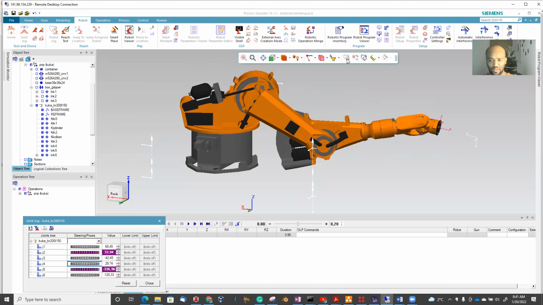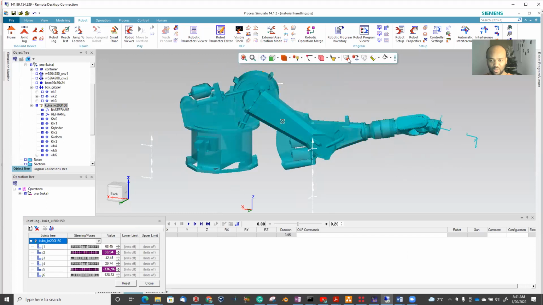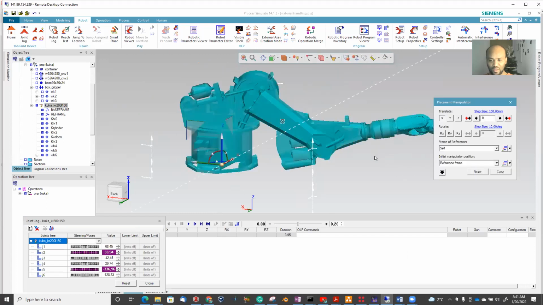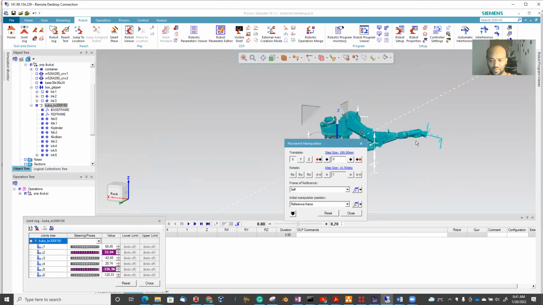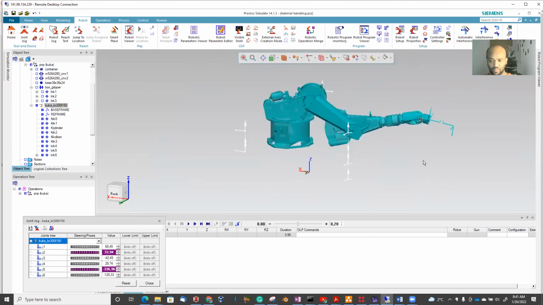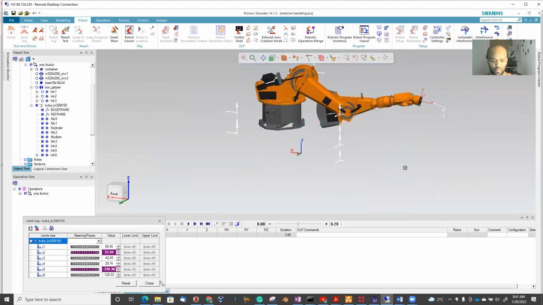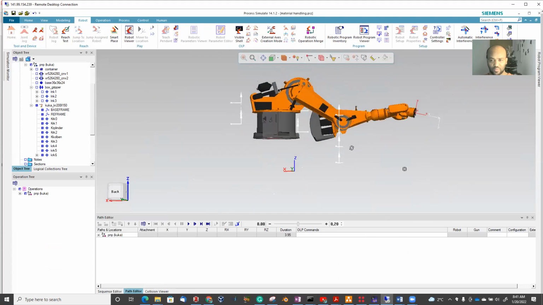Now I will go to the manipulator. Maybe I will select the robot and go to the manipulator, and here, for example, maybe I will close this one.